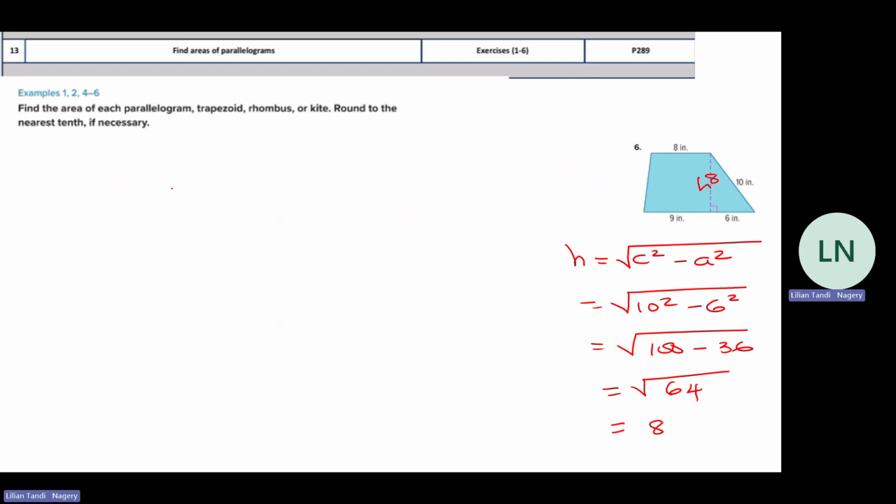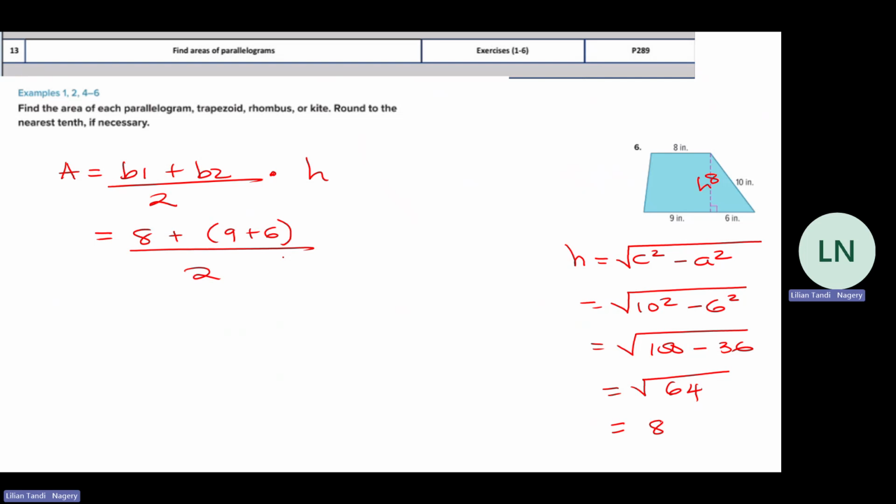Okay, so now we want to find area of the trapezoid. Area of trapezoid equals base 1 plus base 2, divide by 2, multiply by the height. Base 1 is 8, base 2 is 9 plus 6, and then divide by 2, and then multiply by 8. And this will give me 8 plus 15, divide by 2, multiply by 8.